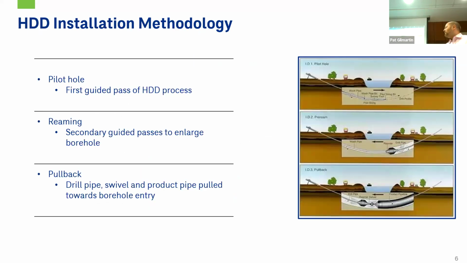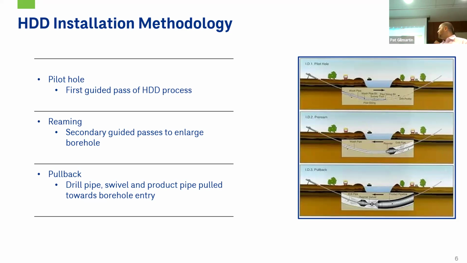So HDD is a multi-step process. Initially, you can see here on the top right, you have your pilot hole. So when you do your HDD, you may be looking at a pipe anywhere from 2 inches up to about 60, which is about as big as HDD technologies go. And so in that initial drill, you're usually looking at a drill rod between about 2 and 8 inches in diameter. And so initially you're pushing out into your formation.